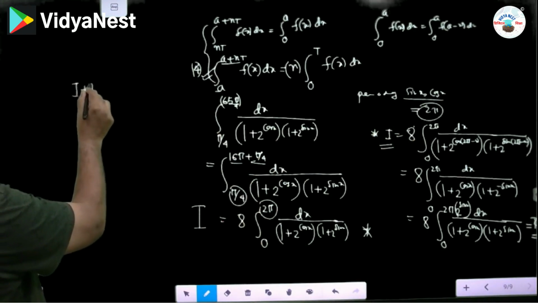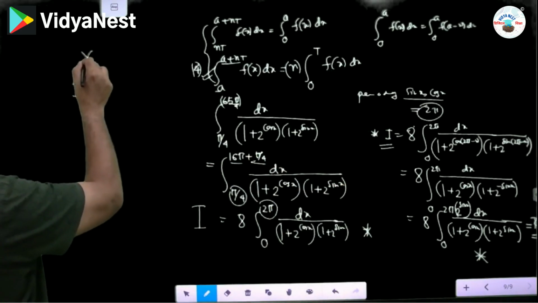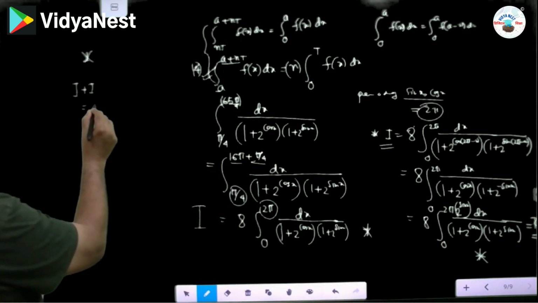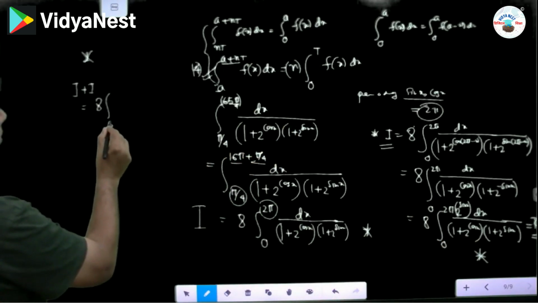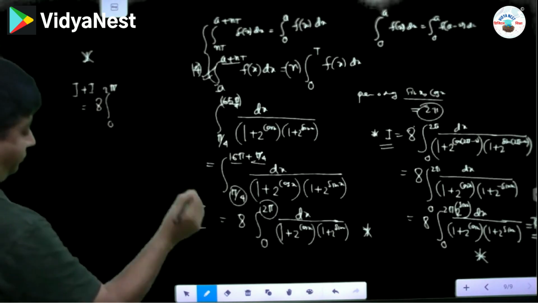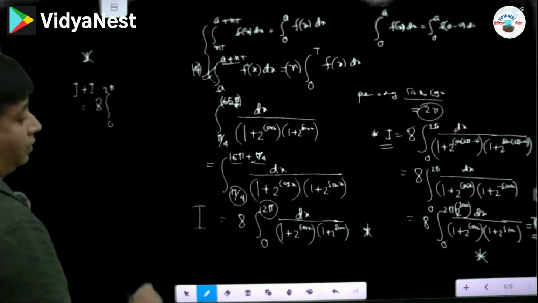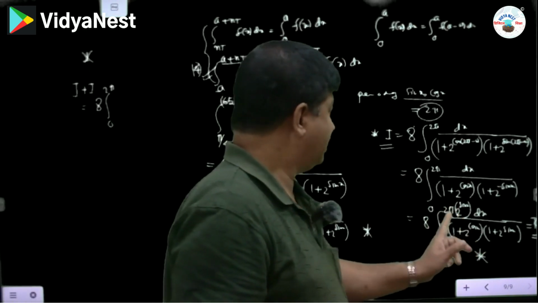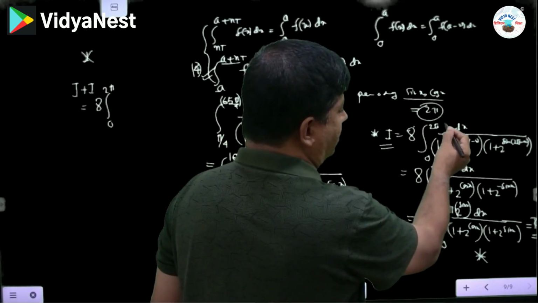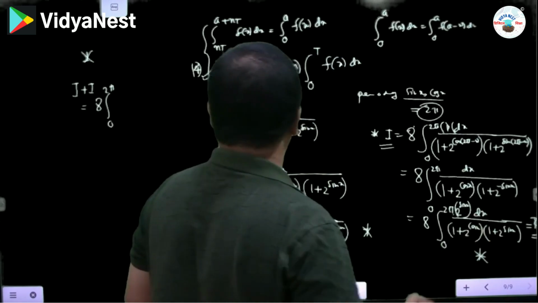I plus I, shifting from this place to this place. I plus I, 8 will be taken common, 0 to 2 pi, and see, there was 1 appended with dx, and here 2 to the power sin x.